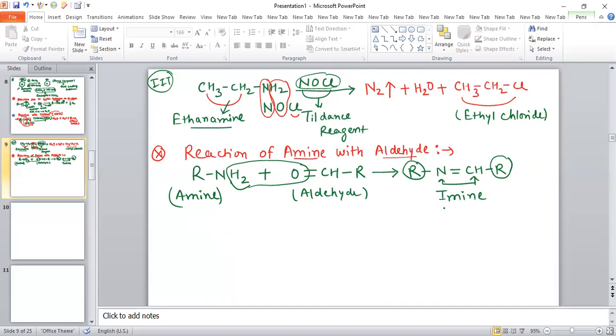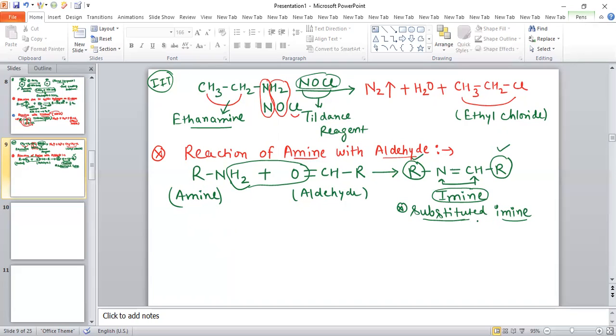So we can also call this compound a substituted imine, because this is an imine group, C double bond N, and on this there is an alkyl group. Therefore we call this a substituted imine.